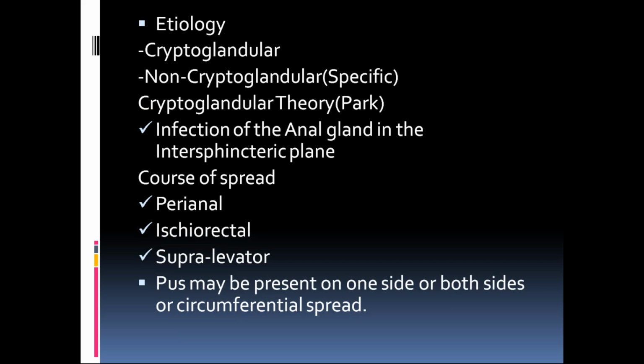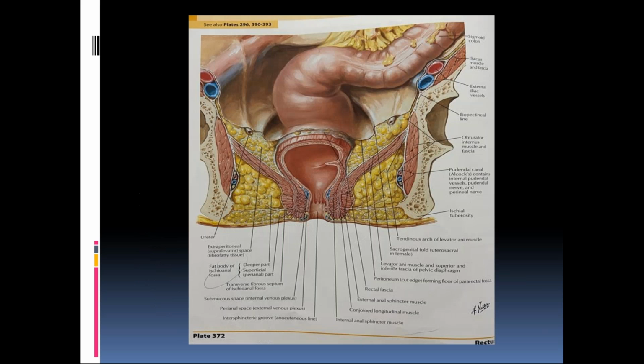What happens is, whenever there is an infection of the anal gland, situated in the intersphincteric plane, it forms an infection and an abscess. Pus will be formed. Where will that pus go?